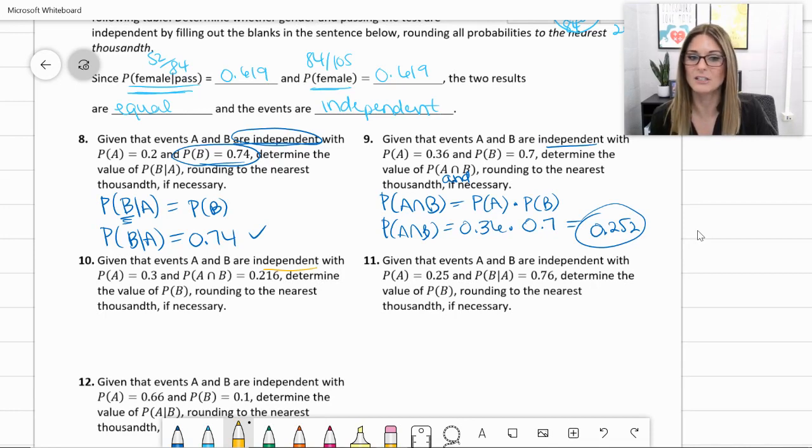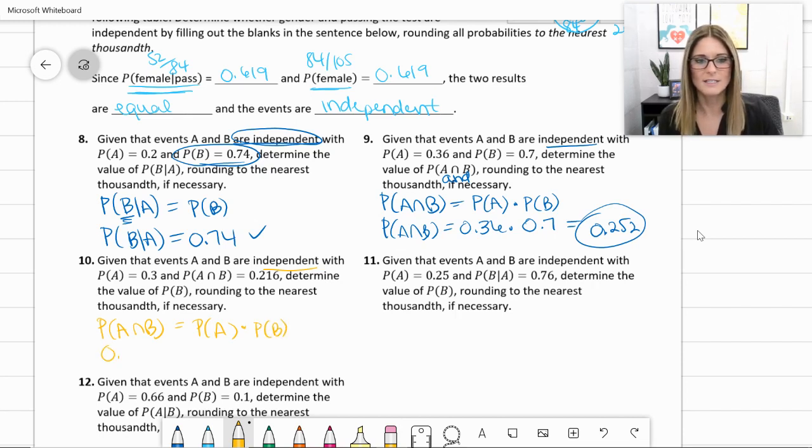Number 10, given that the events A and B are independent with the probability of A given and the probability of A intersection B given, determine the value of probability of B, rounding to the nearest thousandth if necessary. So we again are going to use that first method at the top. I know the probability of A intersection B, since they are independent, is going to be equal to the probability of A times the probability of B. Fill in what I know.